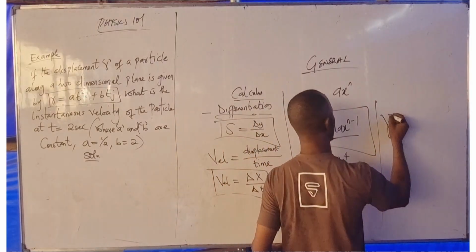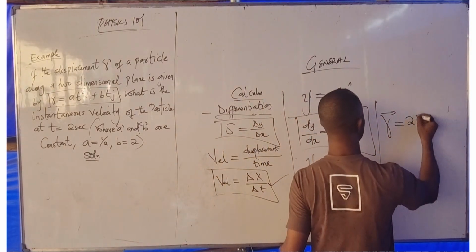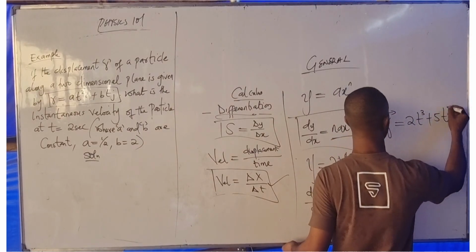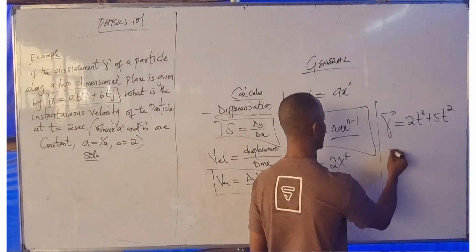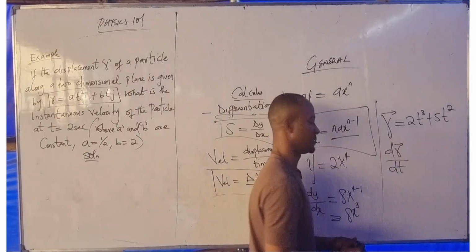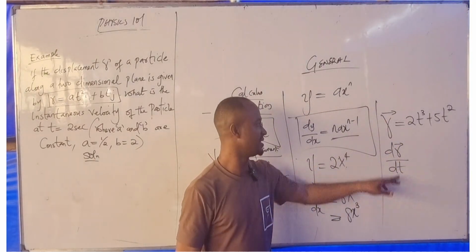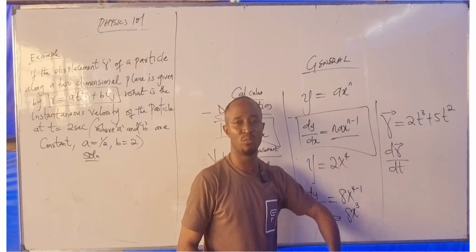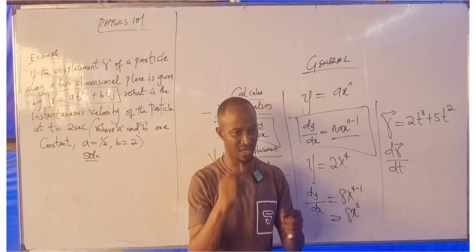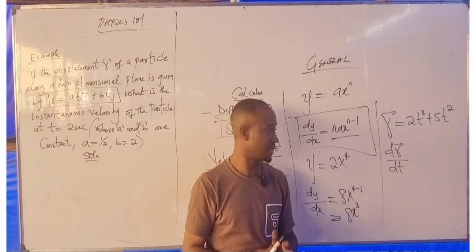Let's see another good example. What if I have r equals 2t raised to power 3 plus 5t squared, and we have to find change in r over change in t, change in displacement over change in time. Most of the time, they will use r to represent displacement, or use x.